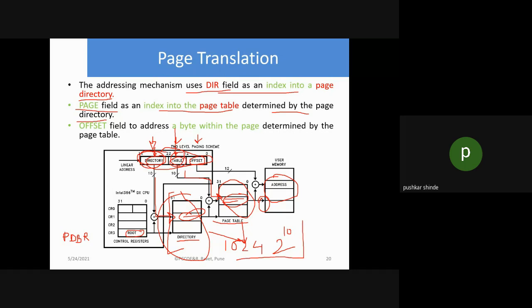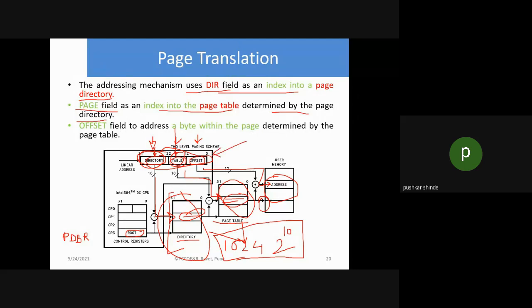You can have 1024 indexes from the table part of the linear address. And the offset is the offset within the page. Which memory location within the page is to be accessed is given by the offset in the linear address.